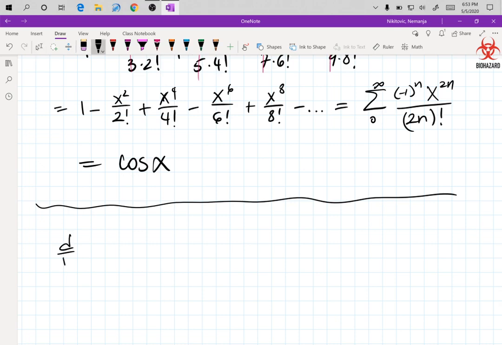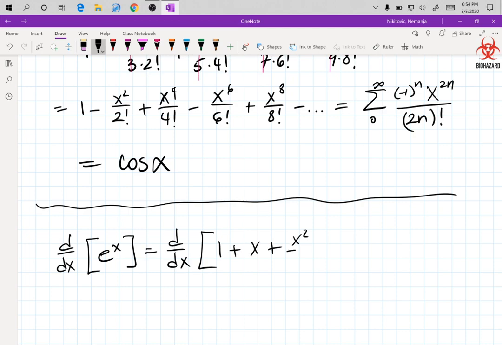Simple problem. The derivative of e to the x is e to the x. Is it? Yeah. You can just look at it. It should be immediately obvious that you are getting the same thing back.